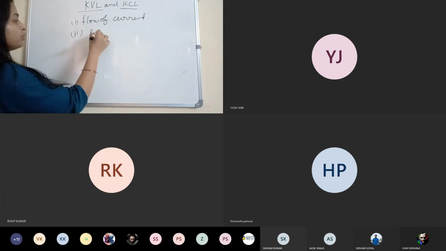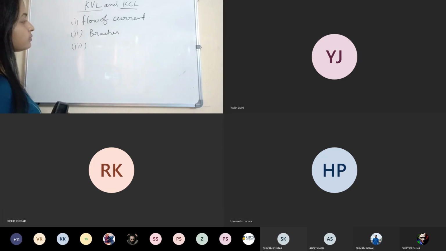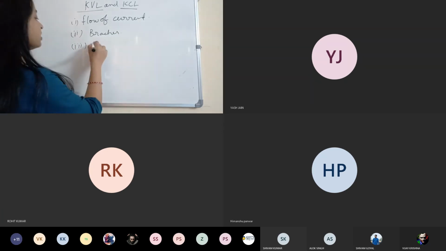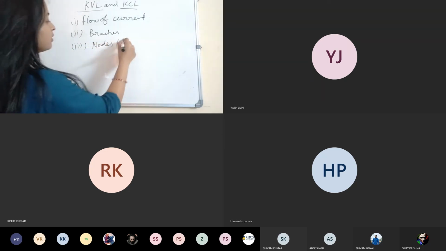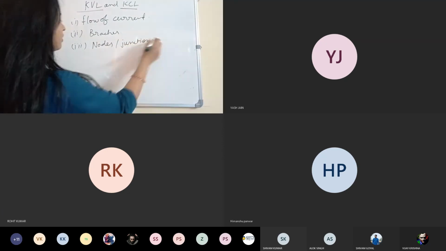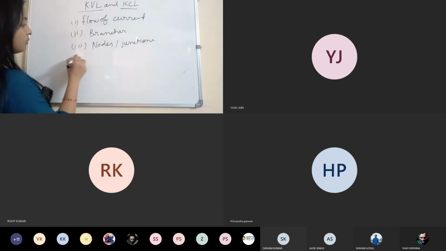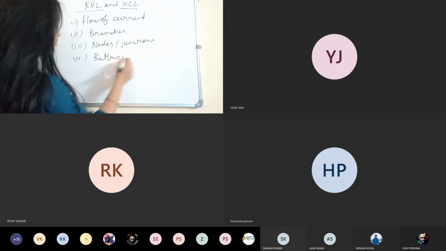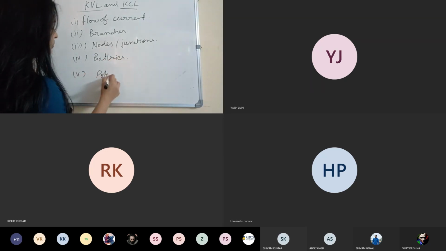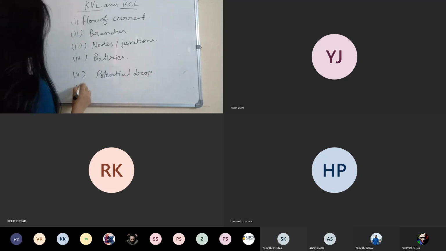Branches, nodes and junctions, batteries, potential drop, power.